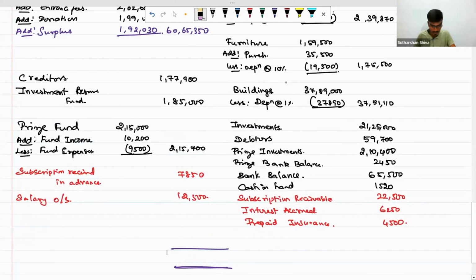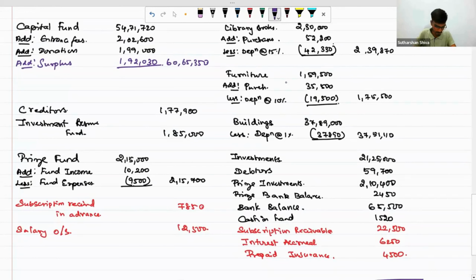It is 66 lakh 64,300. We'll just try to add up.